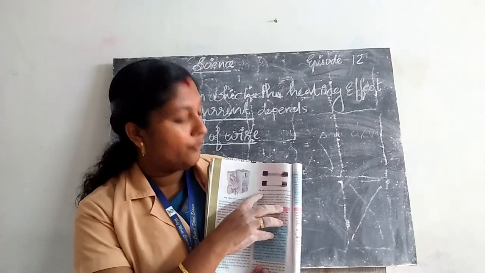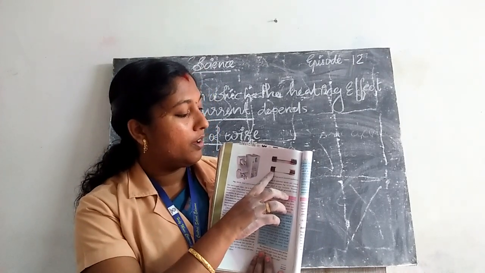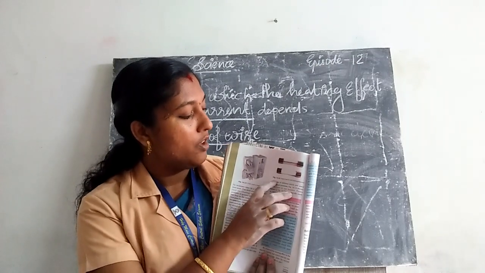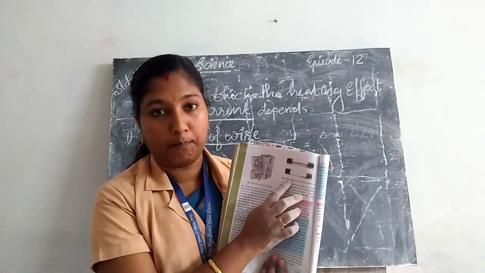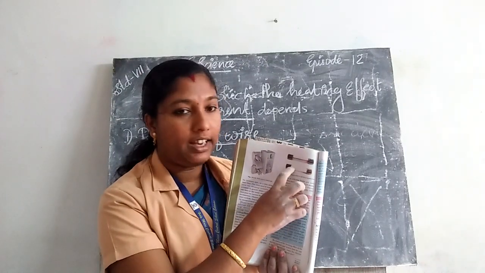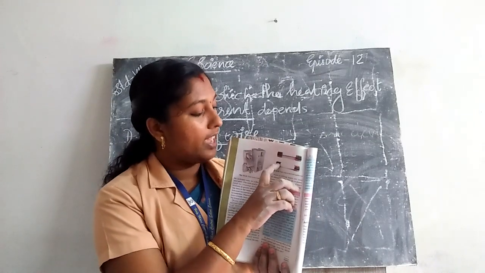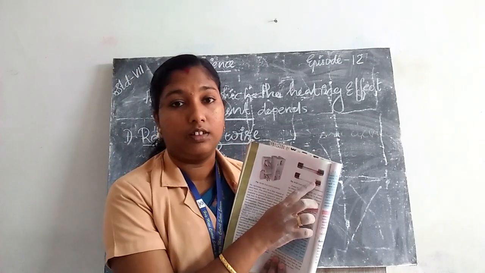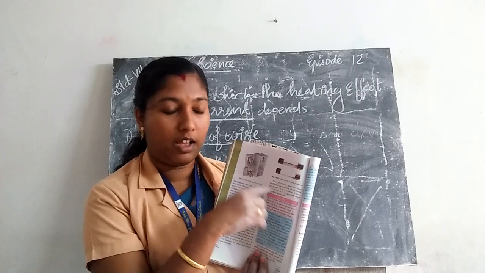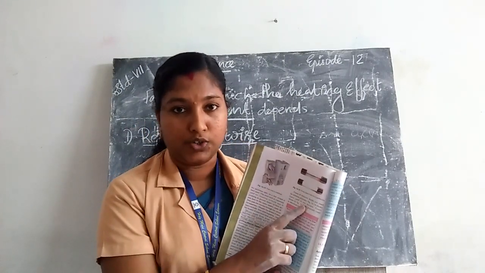Then Figure 14.15 is also a fuse, the fuse used in electrical appliances. Inside this is also a wire. That wire helps protect our appliances from overloads or short circuits.